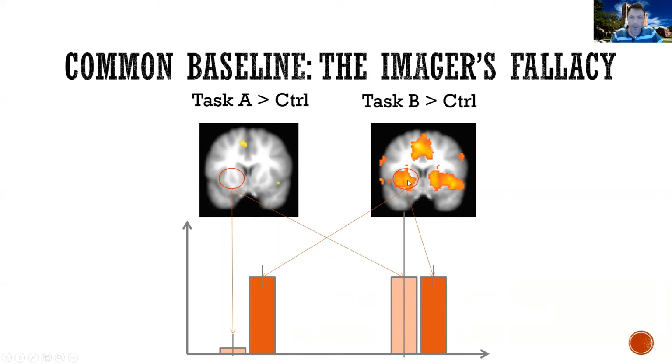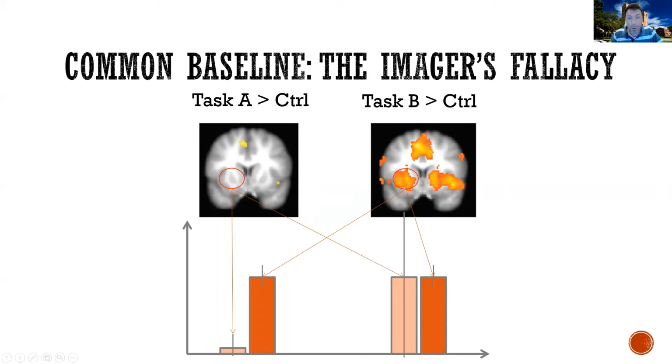So just because here you see a significant number and here you don't, does not mean that task B is greater than task A. Because what could be happening is that task B gives a strong response and it's not too variable, as you see shown here by the error bar. And so it gives you a significant value when you do the statistical test.